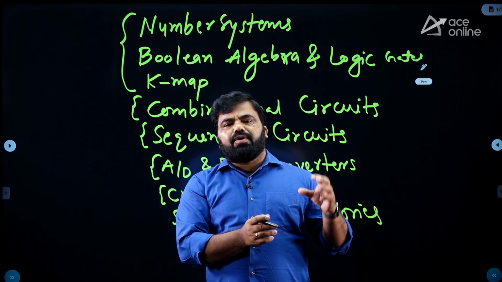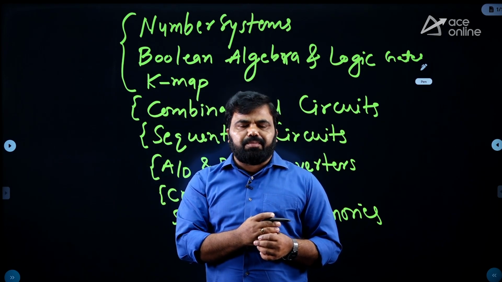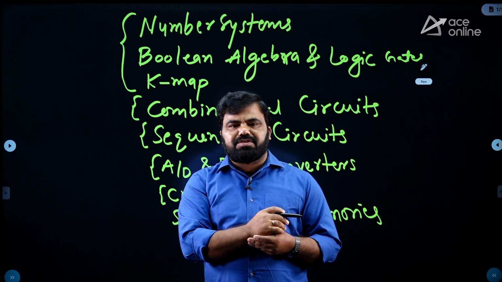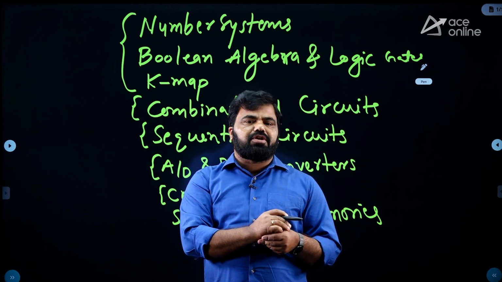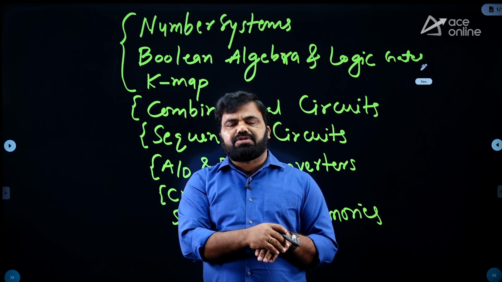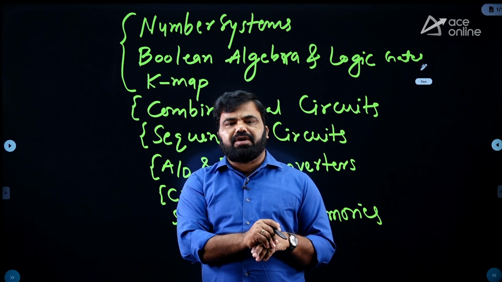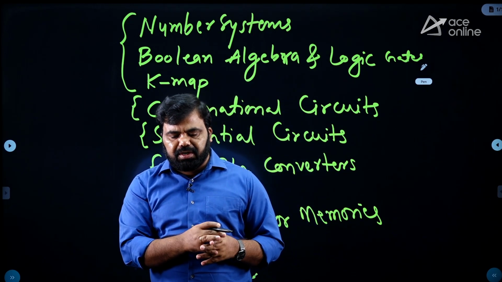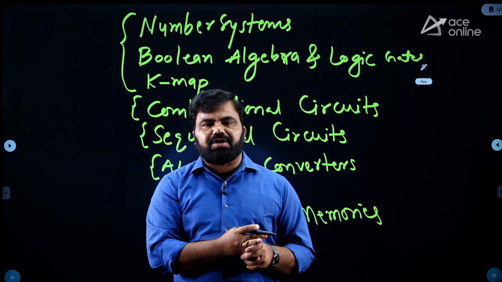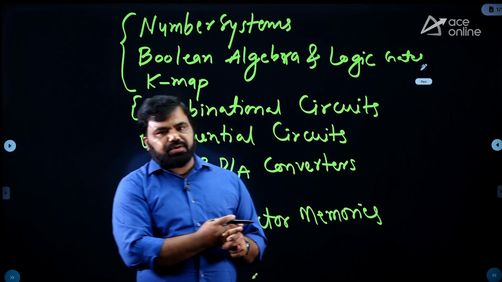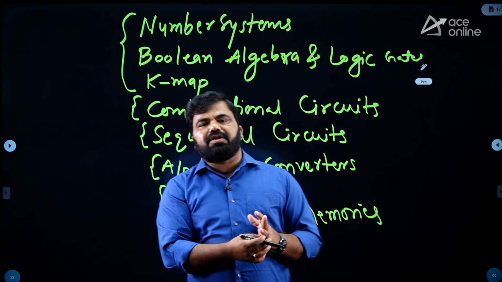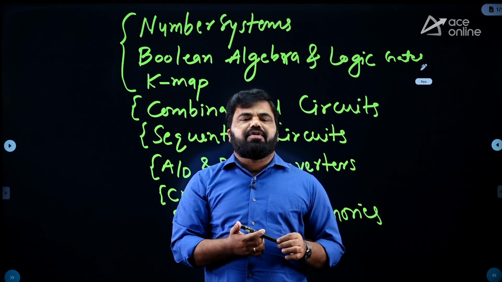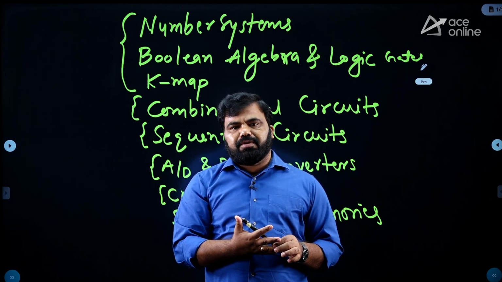When an address is given, we come to know which transistors or which diodes are going to be on, what the outputs can be, what data we are getting. So when we give an address, it highlights a specific memory location and we get data. That we can understand from the given ROM circuit, the ROM implementation.